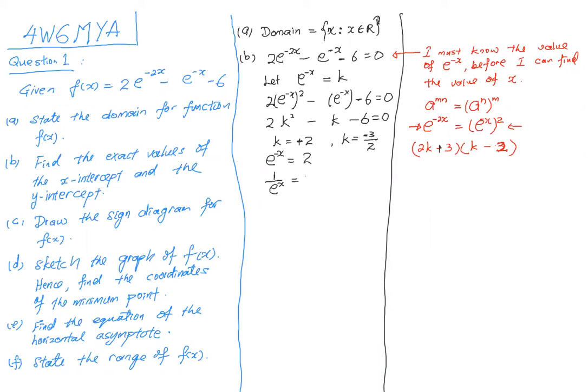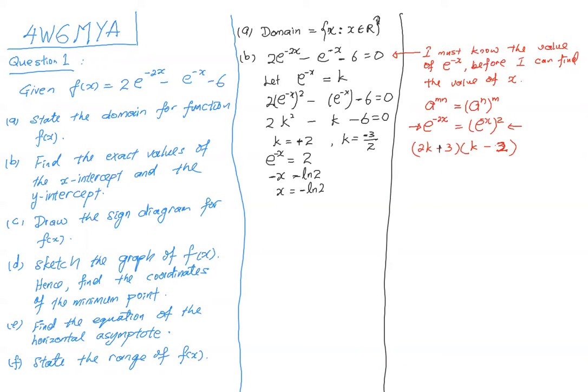Don't do it the other way, it confuses you more. So I change it to ln. Negative x equals ln 2. Am I right? So my x equals negative ln 2.